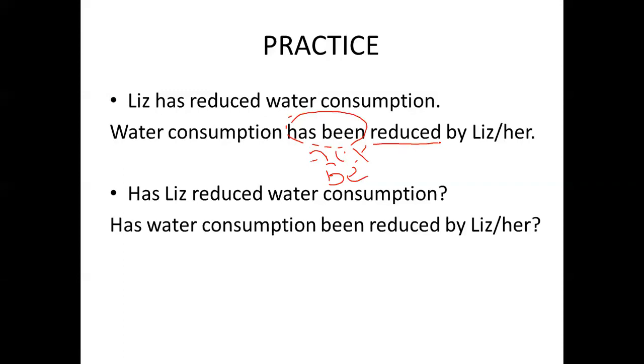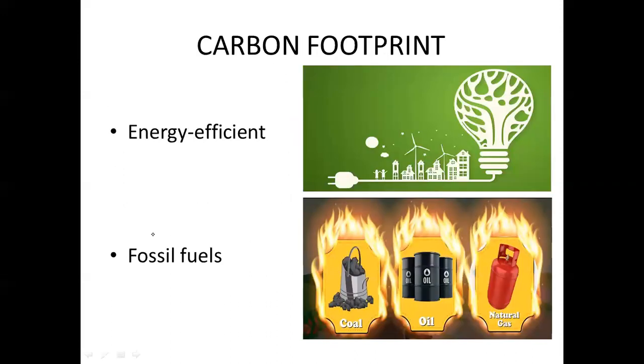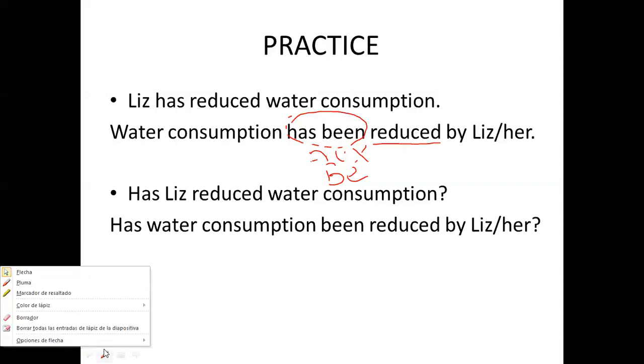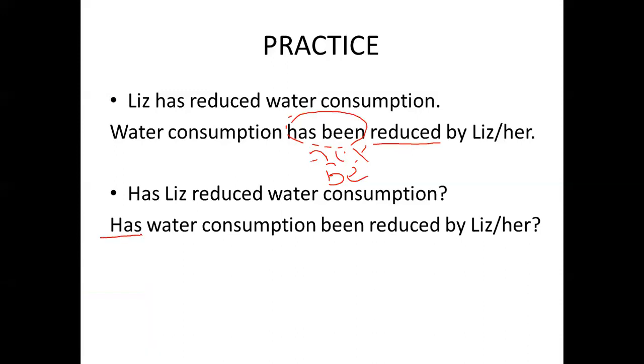So "has" is going to be the auxiliary. Give me a second. I'm using that. "Has" is the auxiliary, in this case "have". Why "has"?